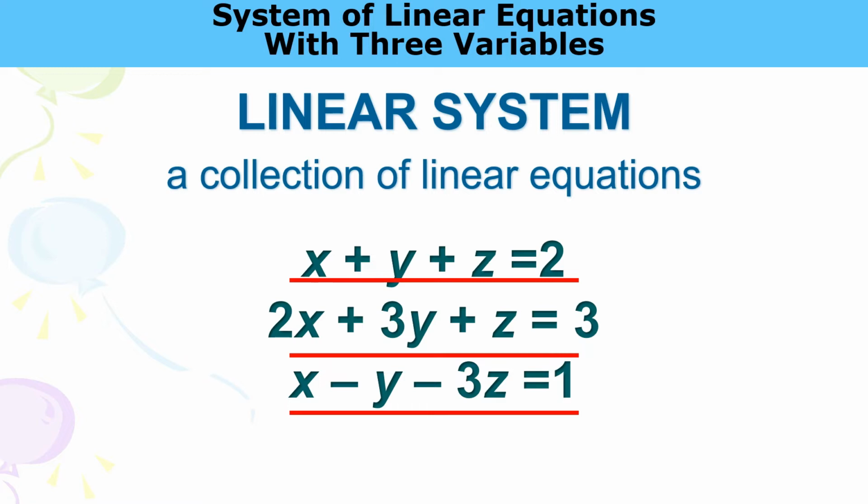Looking at the system, we can see our three variables, which are x, y, and z. These three letters are the most commonly used, although you can use any letter that you want. They don't have to be in order either.